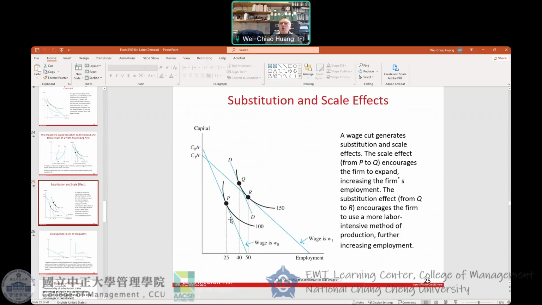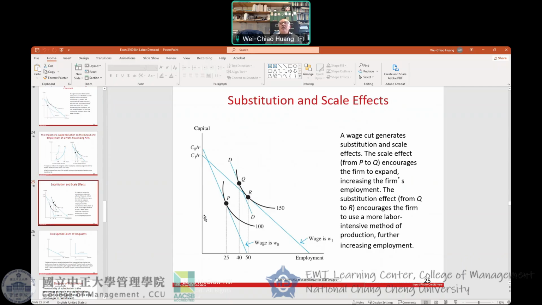And then the substitution effect is because the wage drops, so labor is cheaper than capital. The firm is going to use more labor relative to capital, even if the firm is producing the same output level, 150. So this from Q to R represents substitution effect. From P to Q represents scale effect.